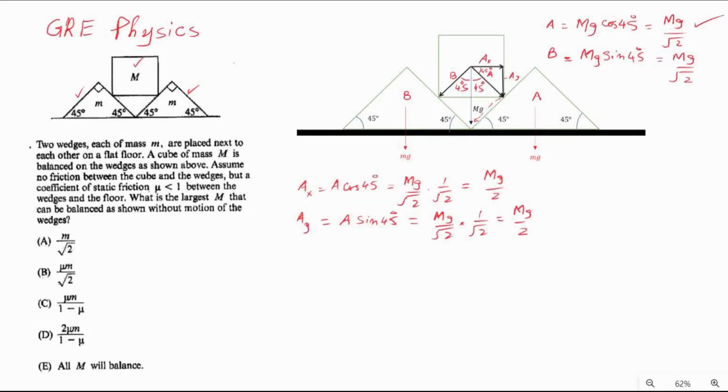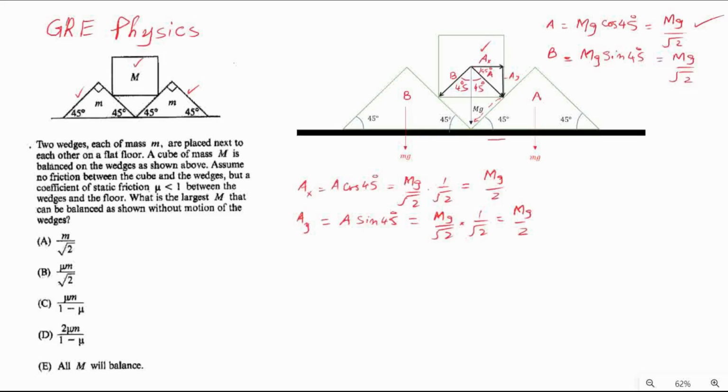Now the mass or weight of the block is such that wedge A is on the verge of sliding. This means that beyond this value, wedge A will start sliding. So when wedge A is on the verge of sliding, the horizontal force acting on wedge A coming from the block, here it is AX, should be equal in magnitude to the opposing frictional force acting on wedge A and coming from the floor.